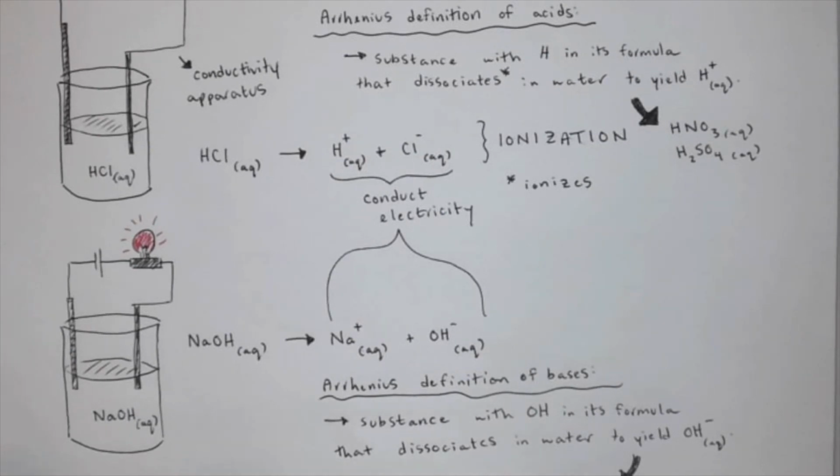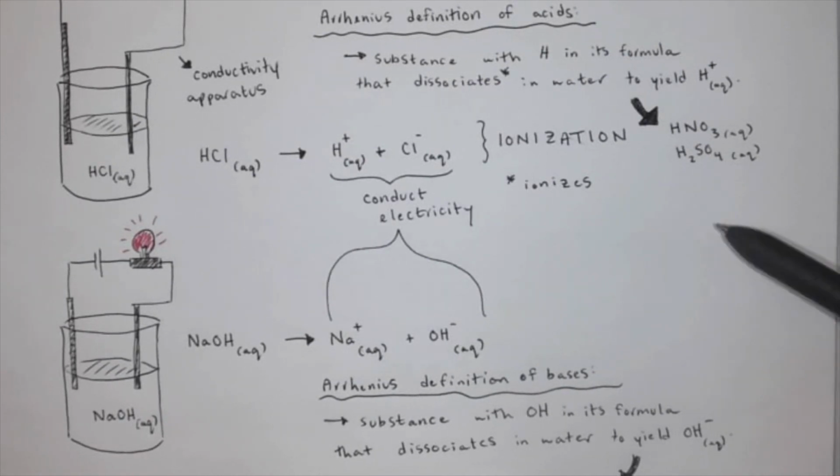So this is a very common thing that happens in science. We often find exceptions to rules, and we need to make a theory more general in order to explain the new data. So that's it for this video. Once again, this is the Arrhenius theory of acids and bases.